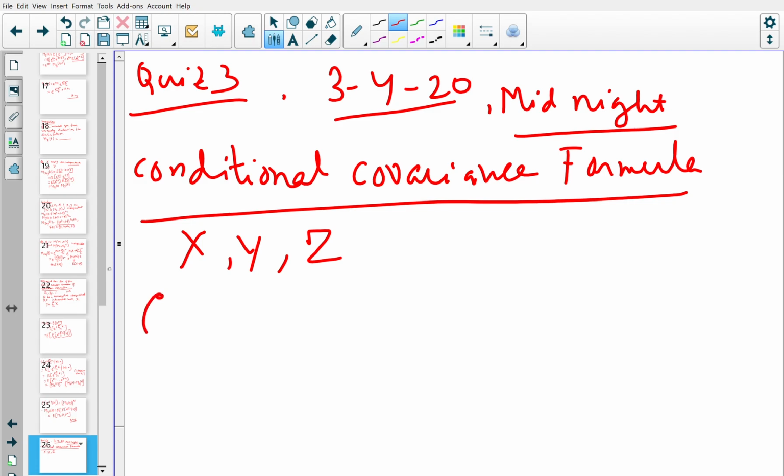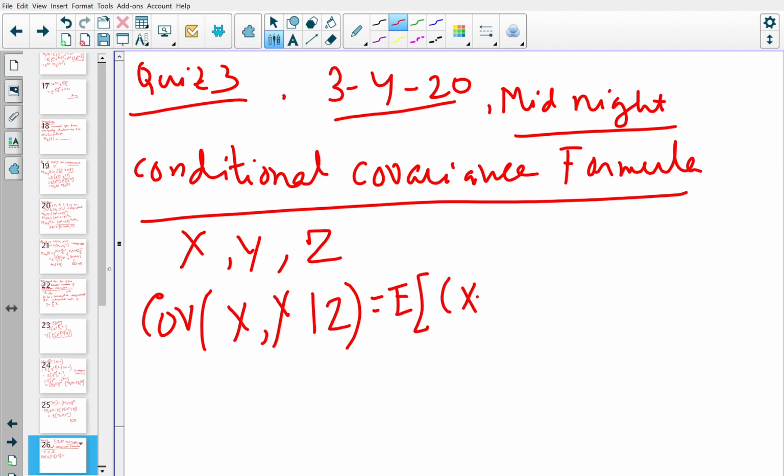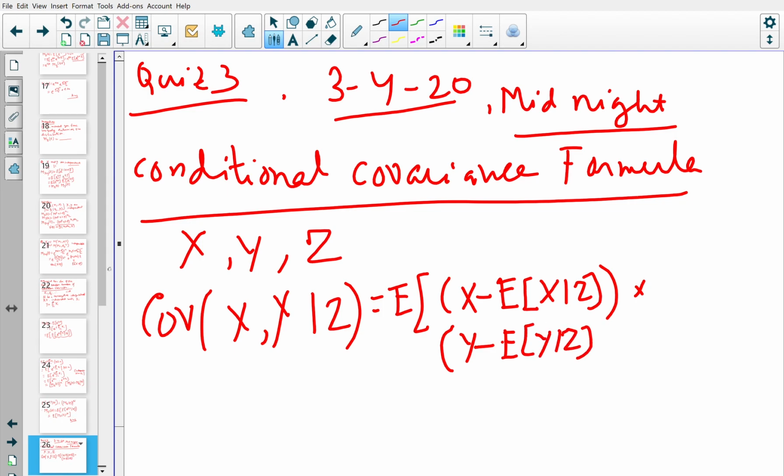We define the covariance of X, Y given Z as the expectation of X minus the expectation of X given Z, multiplied by Y minus the expectation of Y given Z, and the whole thing taken given Z. Okay, so this is the conditional covariance of XY, called the covariance of XY given Z.